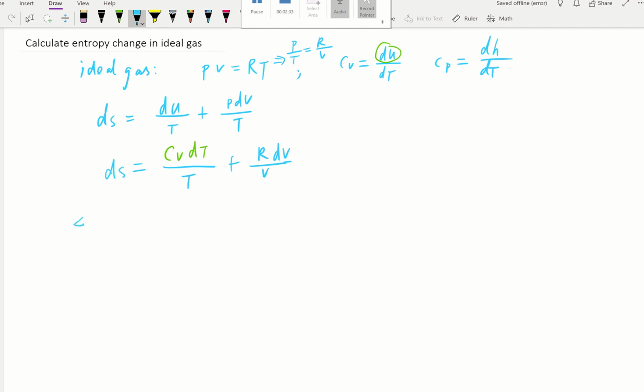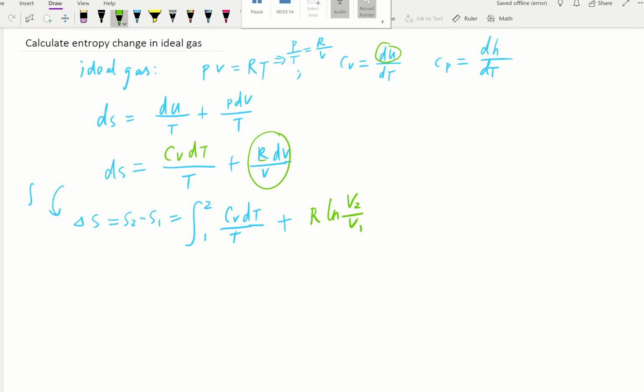Then we want to try to find delta S, so we need to integrate. Delta S is equal to S2 minus S1. That's going to be equal to the integration from state 1 to 2 of Cv over T dT, then plus, when we integrate this term, we know R is the ideal gas constant, so that's taken out of the integral, and integration of 1 over v gives our natural log of v2 over v1.